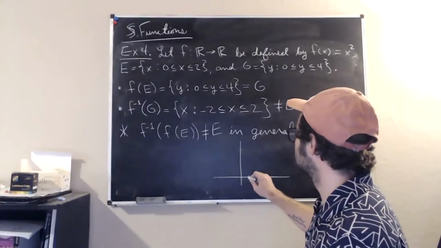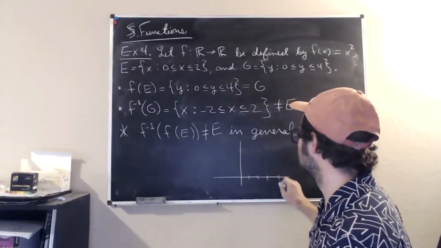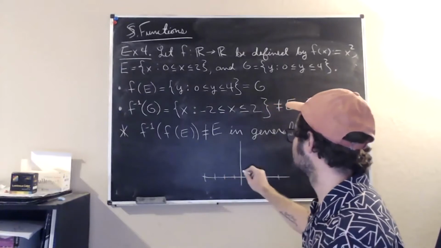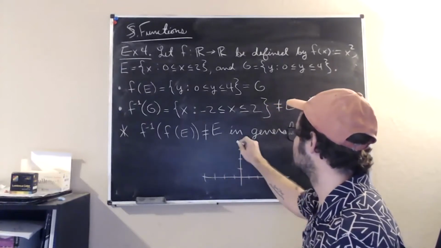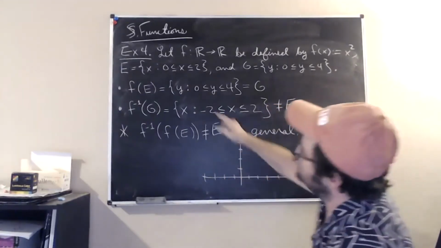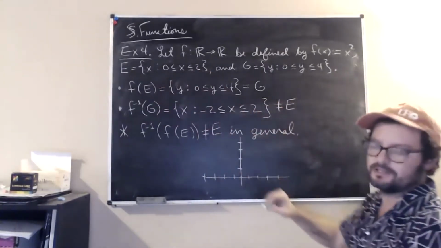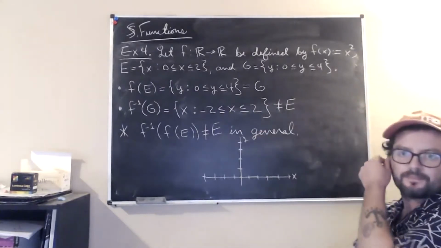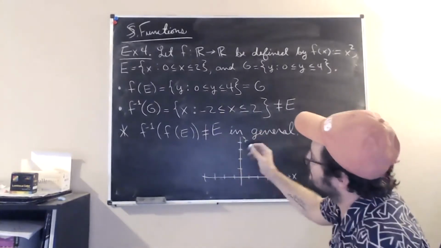So 1, 2, 3, 4, 1, 2, 3, 4. So what is our set E? This is X, this is Y, right? So what is our set E? It's all of these X here.